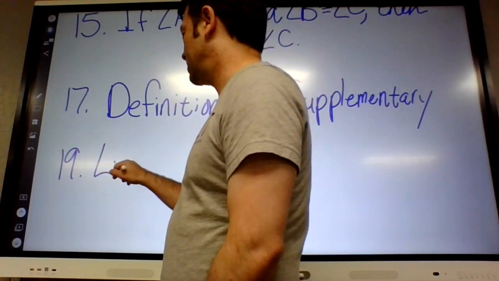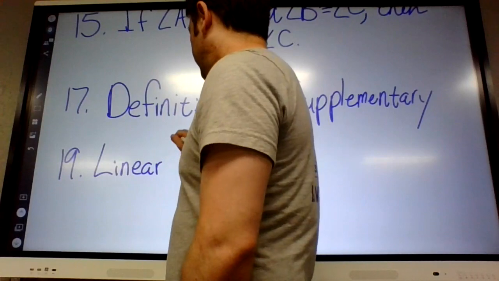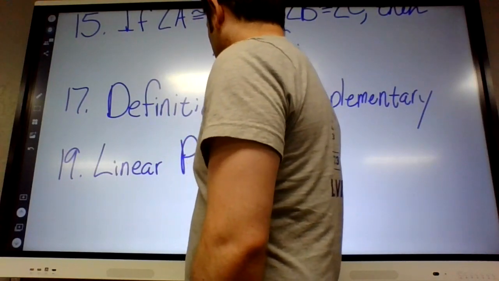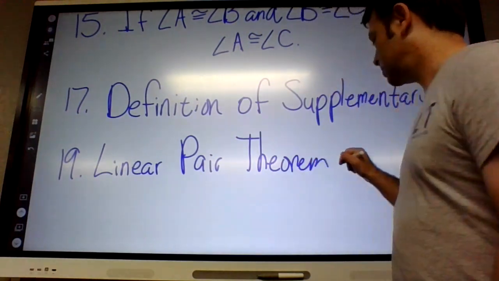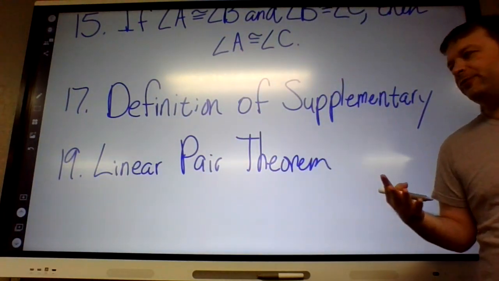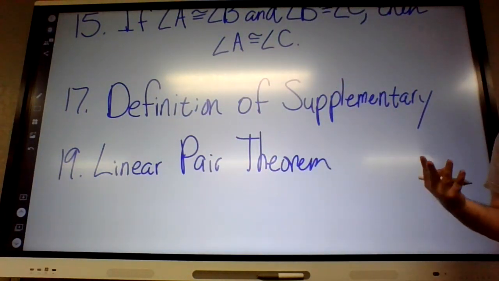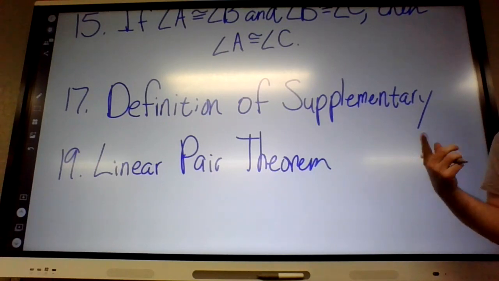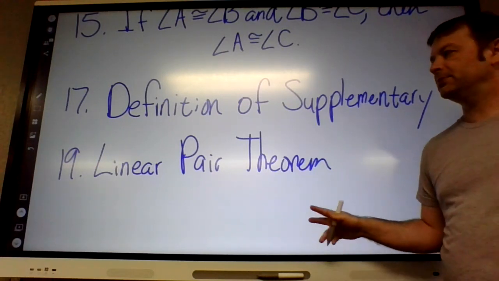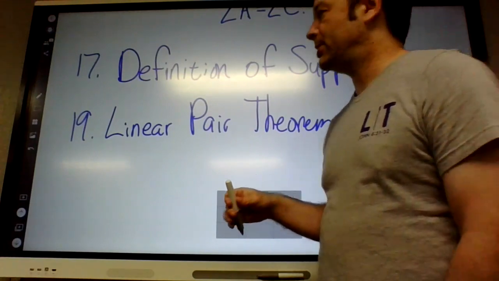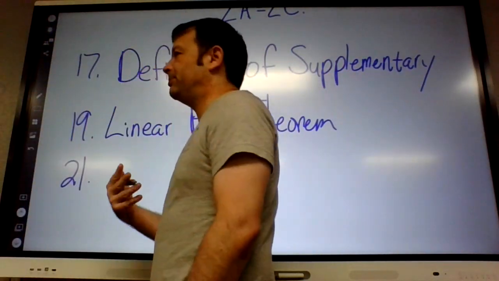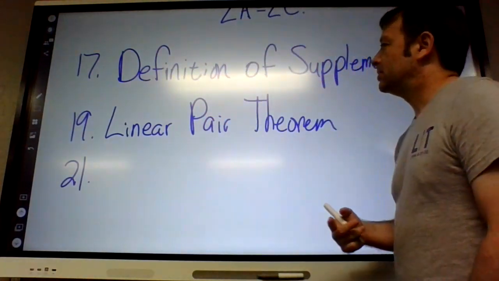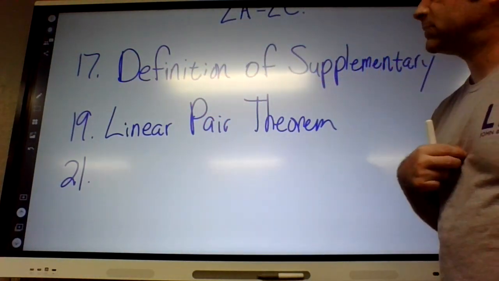Linear pair theorem. I'm not going to say you have to remember that's what it's called, but you do have to remember that two angles on a line make 180. You have to be able to know how to use it. Okay, 21.